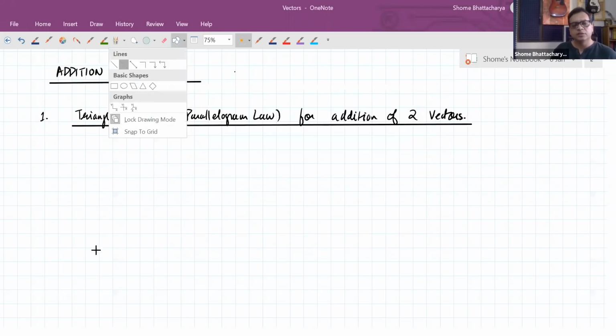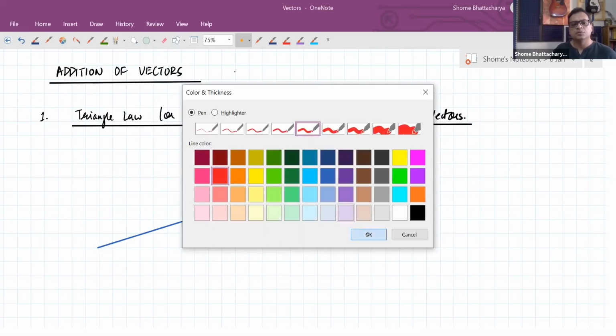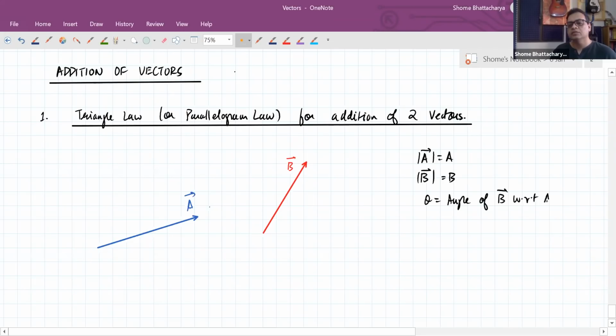So if we have two vectors given to us by their vector arrows, so this represents vector A, and suppose this represents vector B, such that we know the magnitude of vector A, the magnitude of vector B, and the angle between A and B, angle of vector B with respect to vector A. These quantities are known.